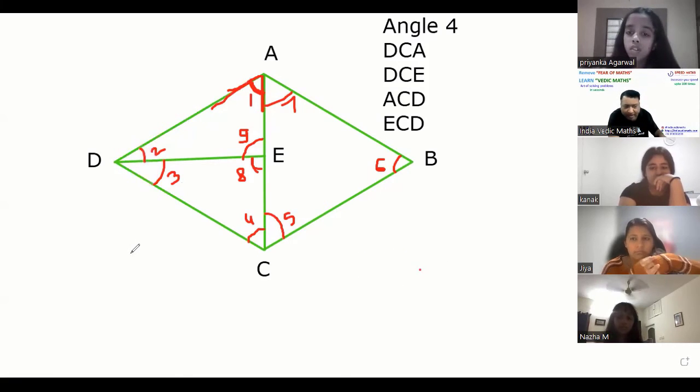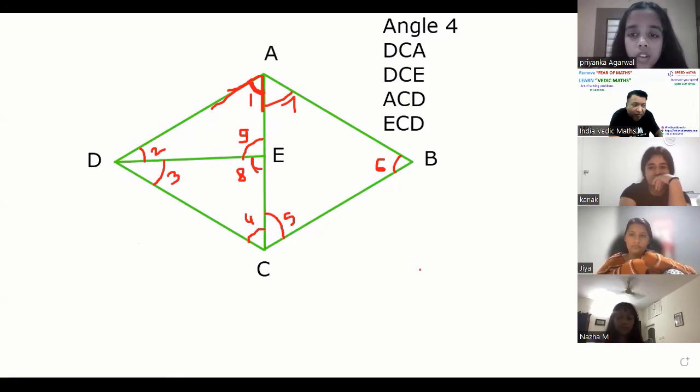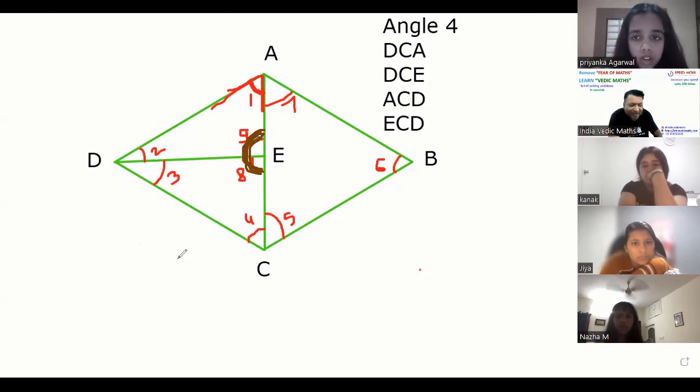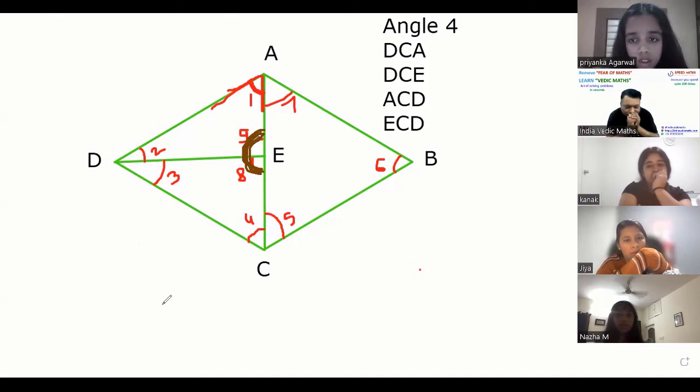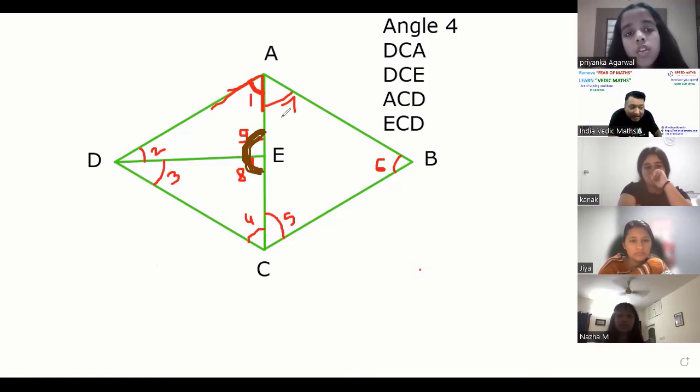I am combining 2 different angles with brown color. This angle, what name will you put? Think about it. Sir, angle AED. Angle AED is half of it only. Sorry, sir, AEC is correct. Very good, Mayank. It's angle AEC.